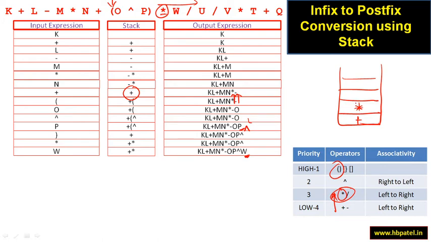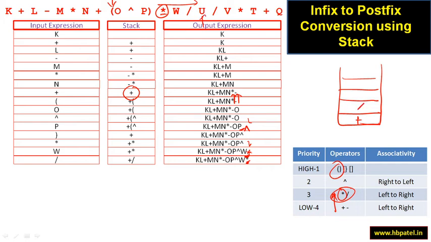So this multiplication would be popped. You can see multiplication has come out, and after this multiplication is popped, we can insert this slash sign. So slash is inserted over here.